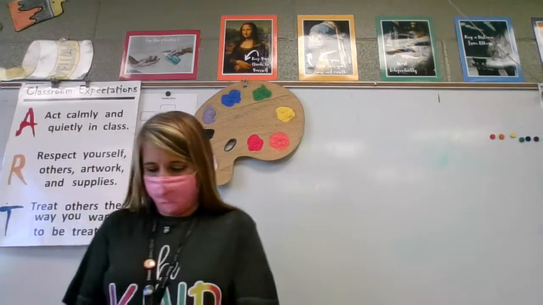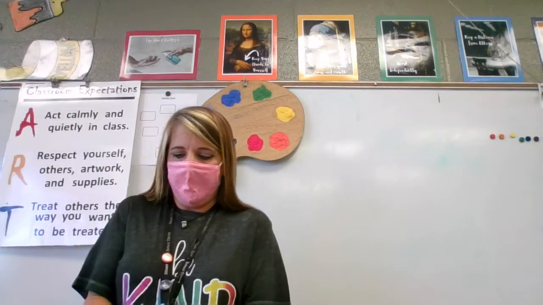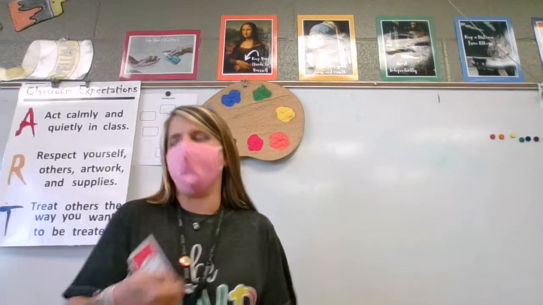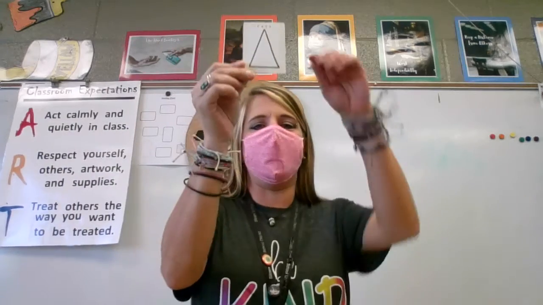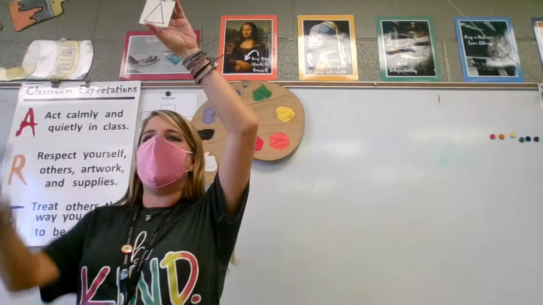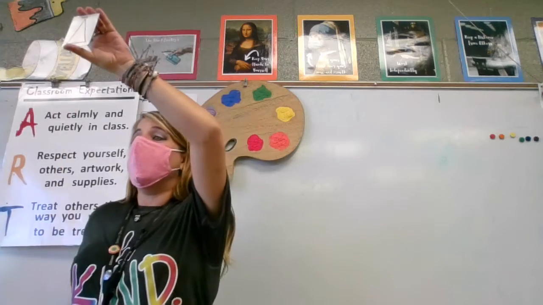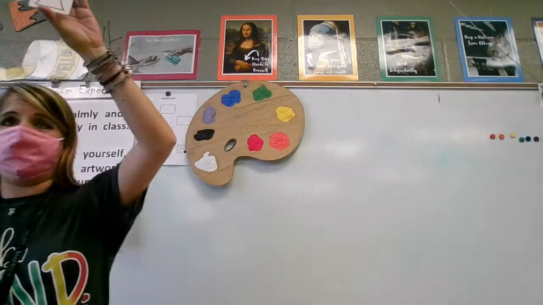So let's get started. I'm going to shuffle these up a little bit, mix them up, and I'm going to pick a card. And it just so happens to be the same card we talked about for the example. We have a triangle for the face.